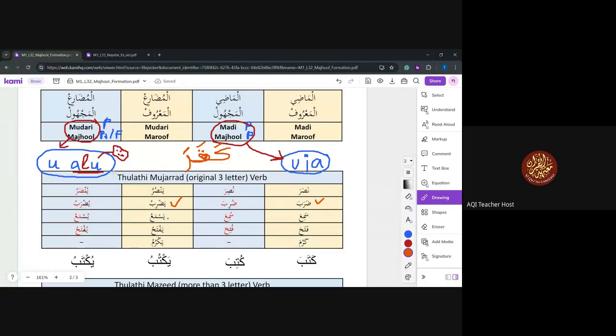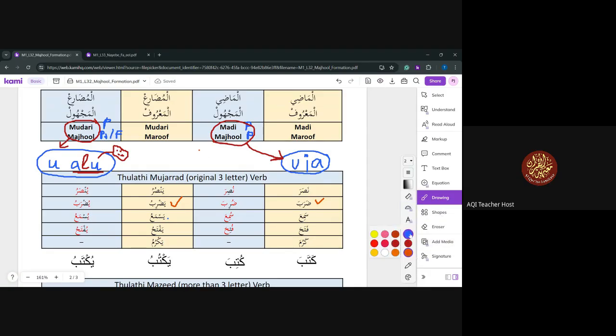Now, since we have yakfuru, if we apply this pattern, what would be the outcome? U'alu. Yukfaru, yes.